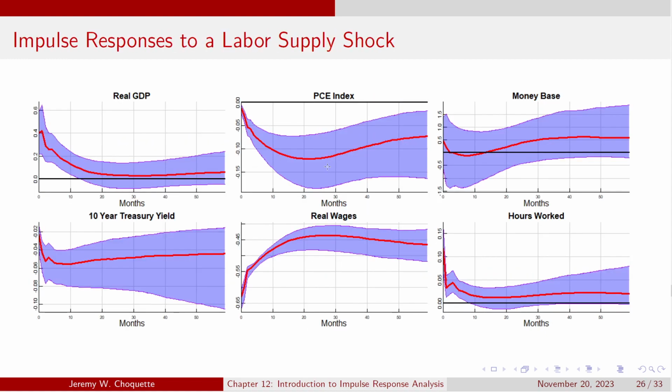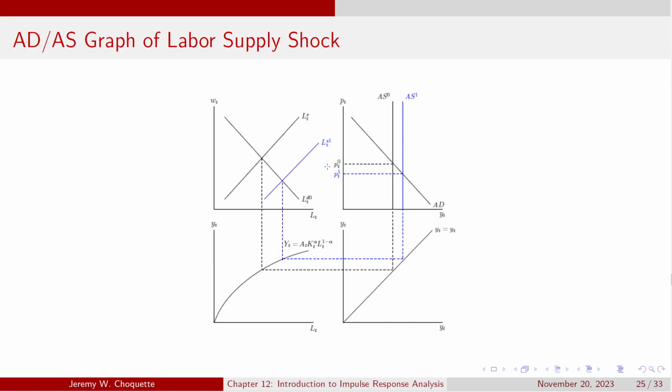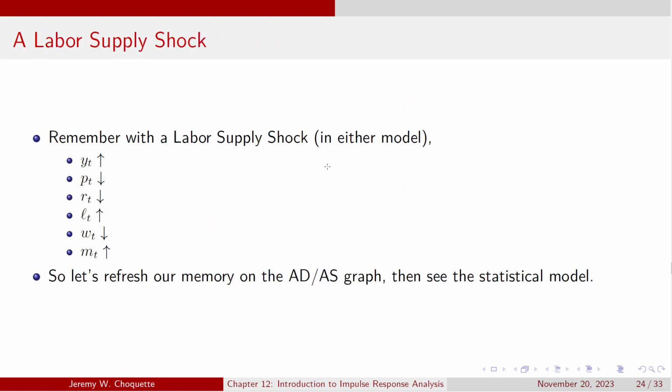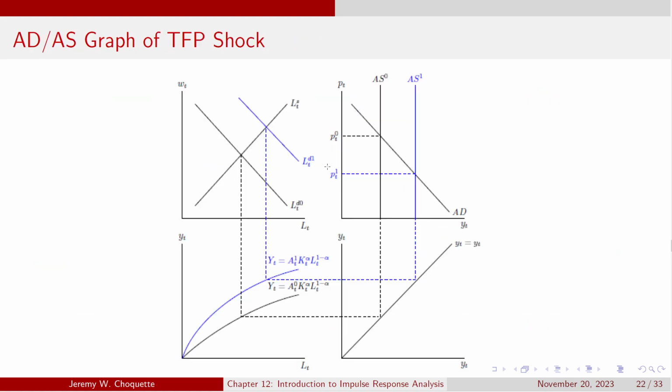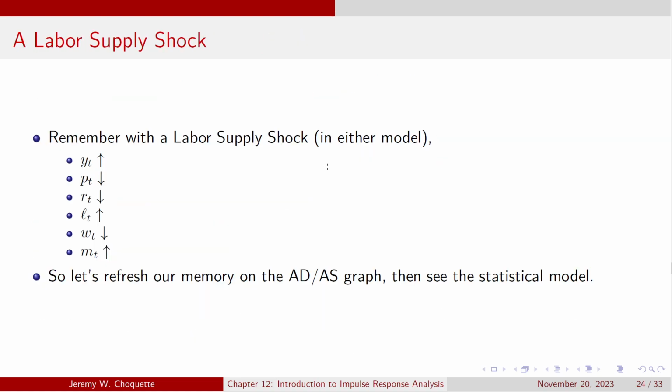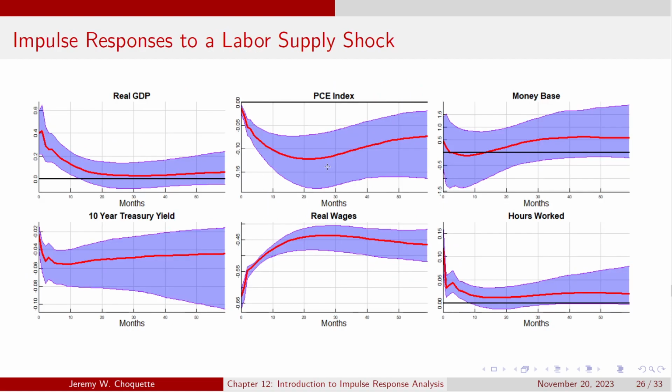So the responses so far are consistent with the labor supply shock, both in direction and magnitude, because the directional responses are the same, but the size of the responses differs. Remember, the real business cycle model predicted less of an increase in output, thus a smaller reduction in prices, in response to a labor supply shock compared to a total factor productivity shock. So far, this is lining up pretty well.